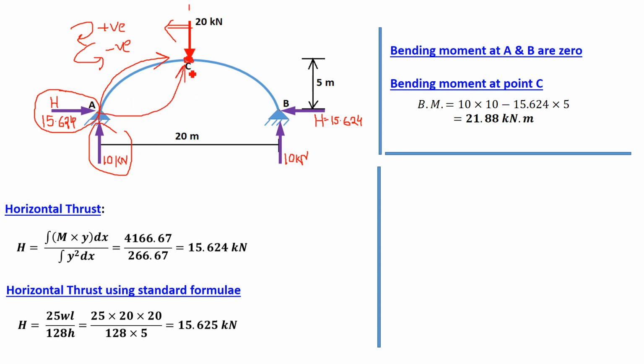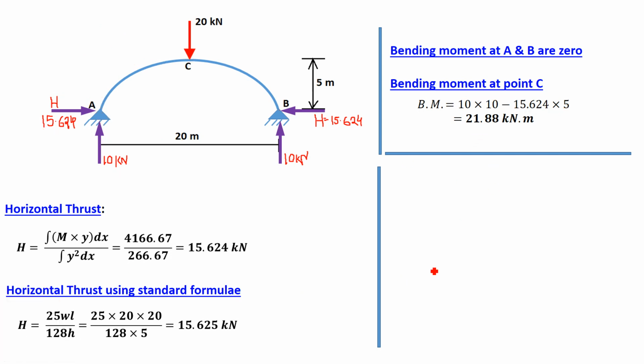So 10 into, we are taking moment at C, so this distance is 10 meter, so 10 into 10 is 100, and minus 15.624 into vertical rise of 5 meter. So the answer will be 21.88 kilonewton meter. So this is the maximum bending moment at point C. At A and B it is equal to 0.